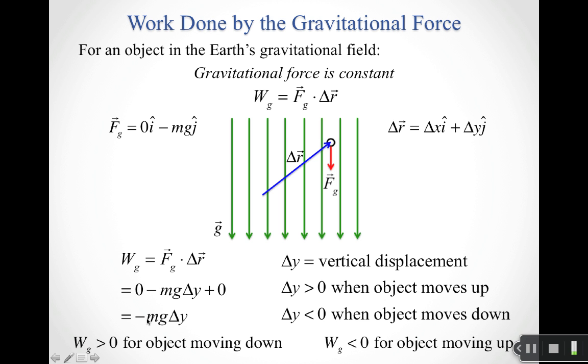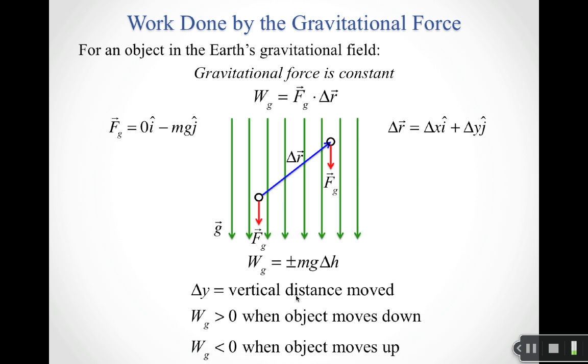And sure enough, if my vertical displacement is negative when my object moves down, then this negative will cancel out that negative, and I'll be left with a positive value. For objects moving up, I know that the work being done is negative, and so my vertical displacement being positive for objects that move up gives me a work that is negative. So it is very important that you remember, if you choose to calculate the work done by gravity this way, that it's built in to what we define delta y to be, which is the positive direction.